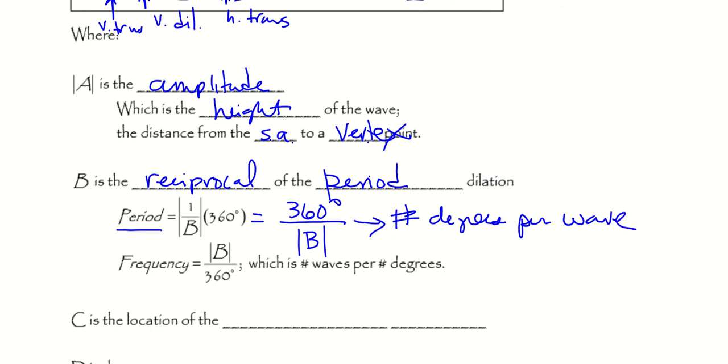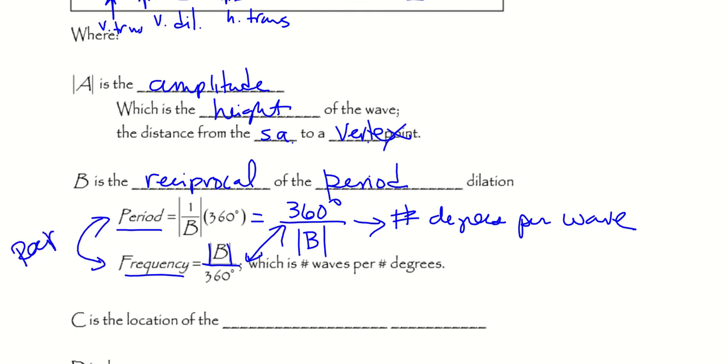Okay, that's our period. Frequency is another thing we talk about when we have waves. And the formula for that frequency is the absolute value of B divided by 360. Now you should note that these are reciprocals of each other. So that makes these easy to remember.